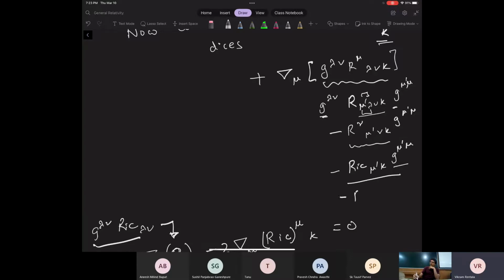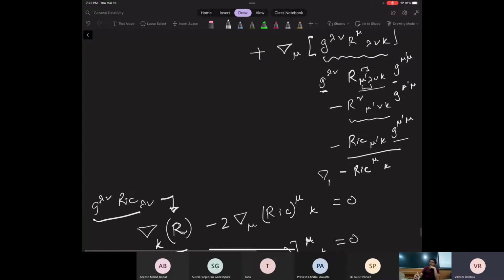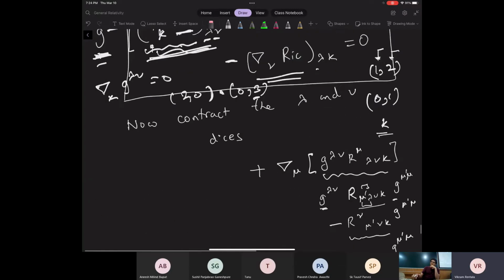Or equivalently, I can regard this as taking the derivative of the Ricci tensor where I raise the mu prime index to make it a mu kappa type index. So this is the thing that I'm differentiating now, and when I differentiate, I contract the indices of the thing I'm differentiating with this index of the Ricci tensor.